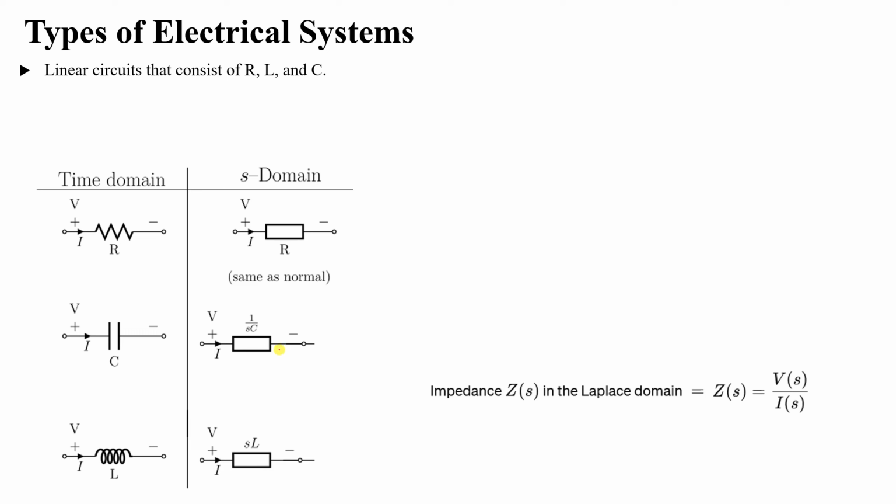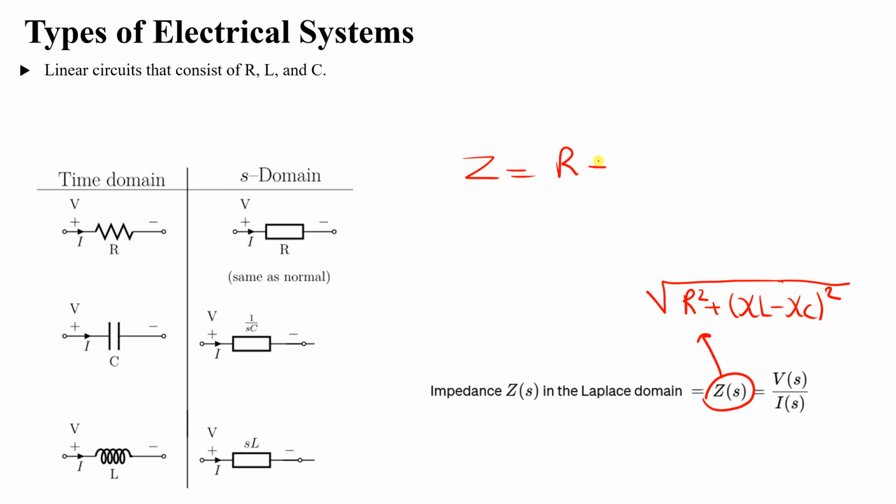Now you can see that impedance in electric circuits in the Laplace domain is simply Z equal to V over I. Now this Z as a magnitude is simply equal to the root of R squared plus the quantity XL minus XC, all squared. Now if you remember, where did we get this? Z itself is represented as resistance plus J times XL minus XC.